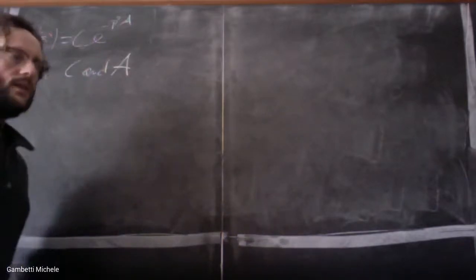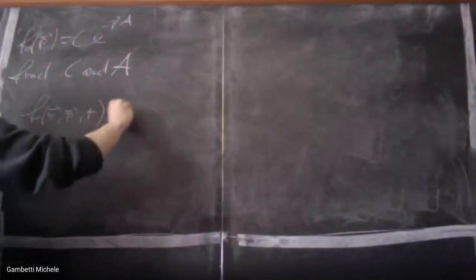Now the idea is to find C and A, and to show that when we find these two quantities, we actually get the distribution that you know, which is the Maxwell-Boltzmann distribution for the velocity.